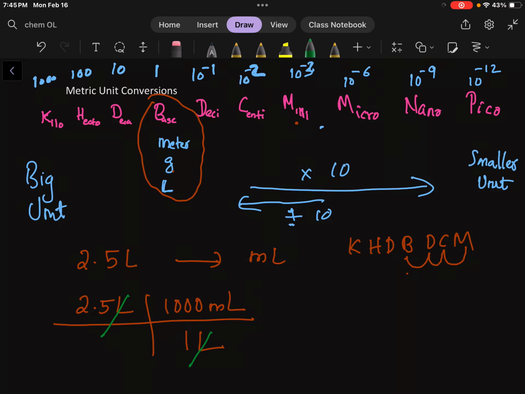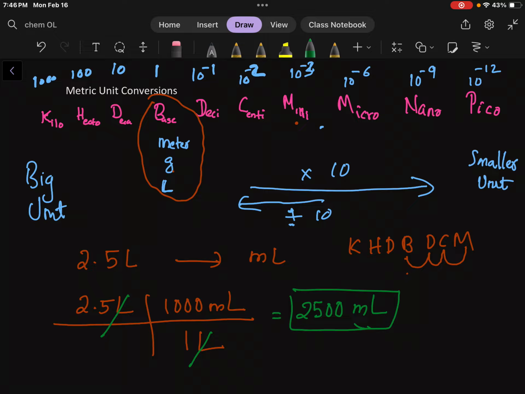You need to multiply the numbers, so you will get 2.5 times 1000, which is 2500 milliliter. That is your final answer.